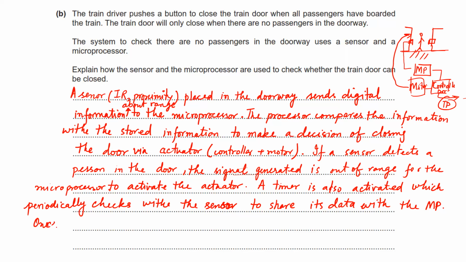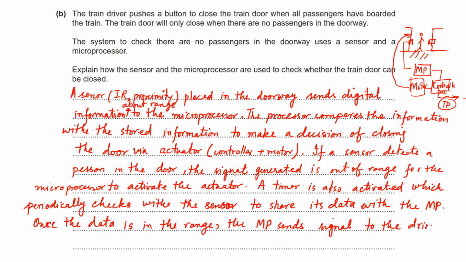Once the data is in the range, the microprocessor sends a signal to the driver to activate the motor to close the door.